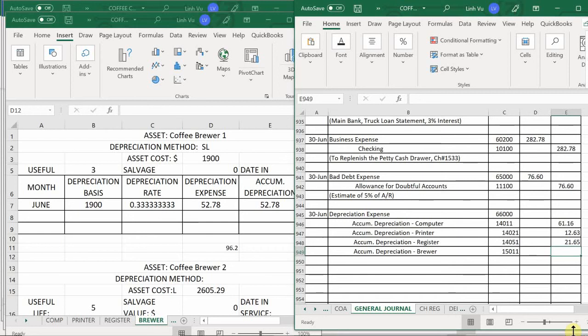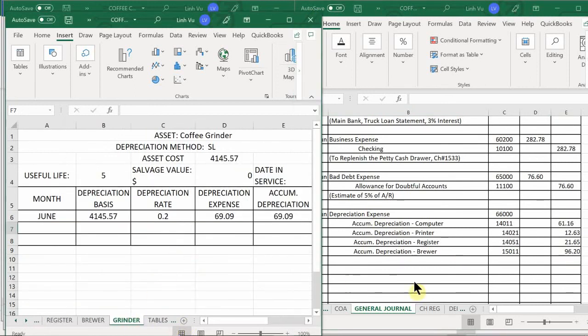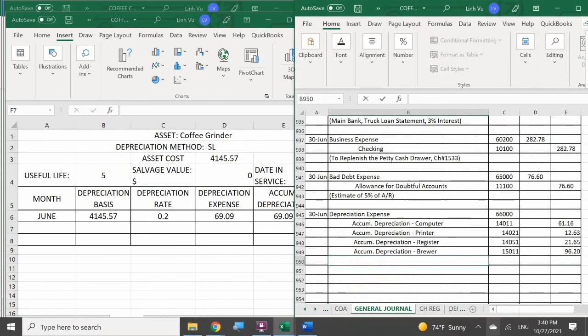So the prover, the first one and the second one together. Okay, so it's 96 and 20, no? 9620. Okay, accumulated depreciation for the grinder.